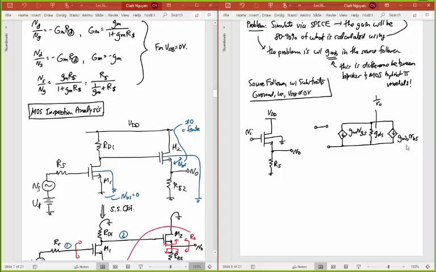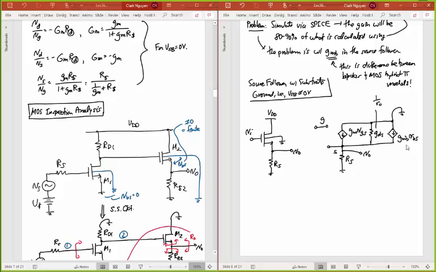This is in a source follower configuration, so the drain is going to ground. Down here, I have that resistance RS, and that's where my output voltage is going to be. Okay, that's my source here.